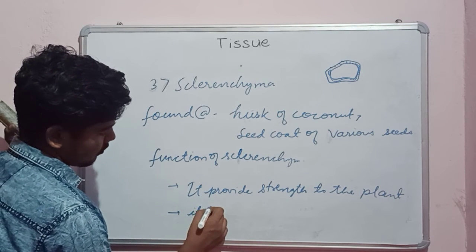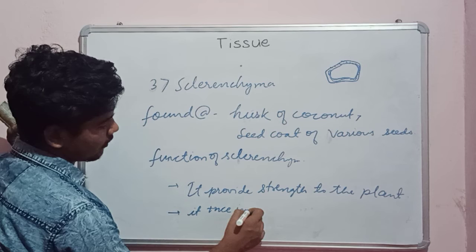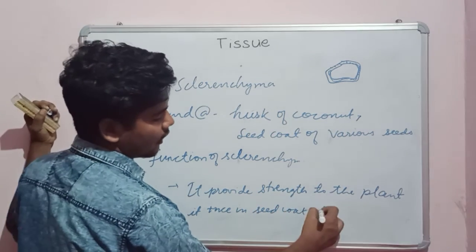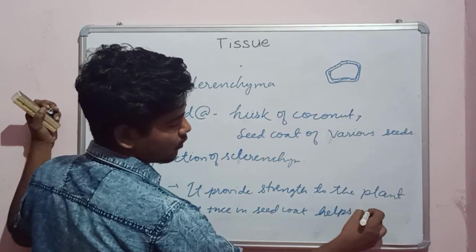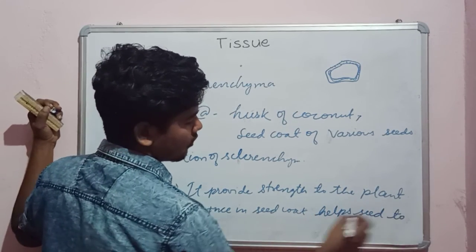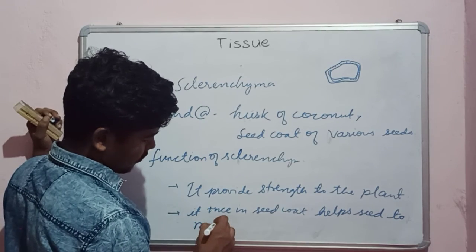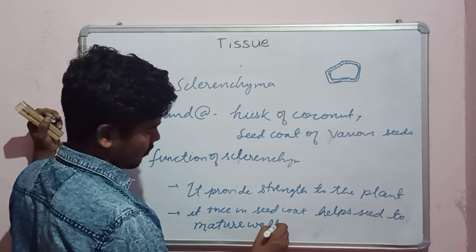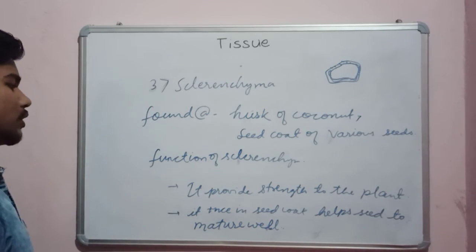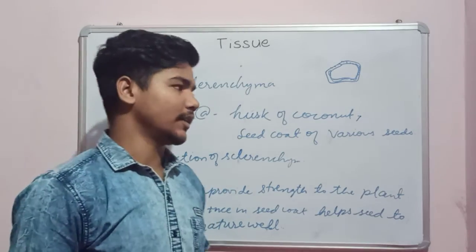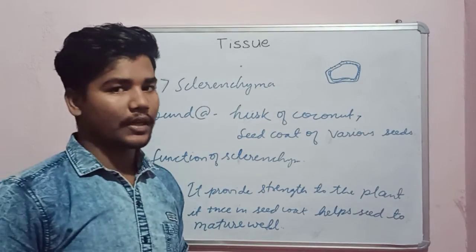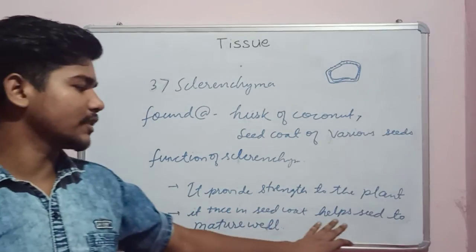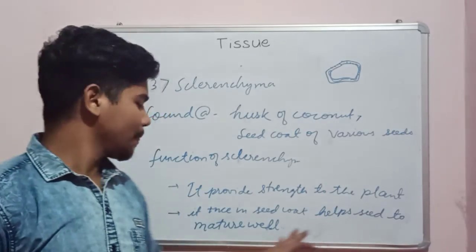Its presence in the seed coat helps the seed to mature well. So the function of sclerenchyma is that it provides strength to the plant, and its presence in the seed coat helps seeds to mature well.